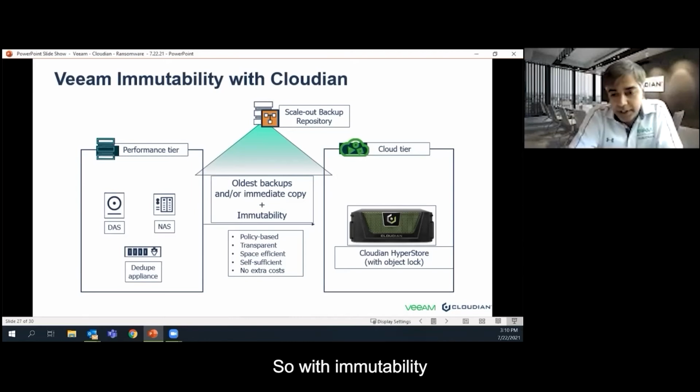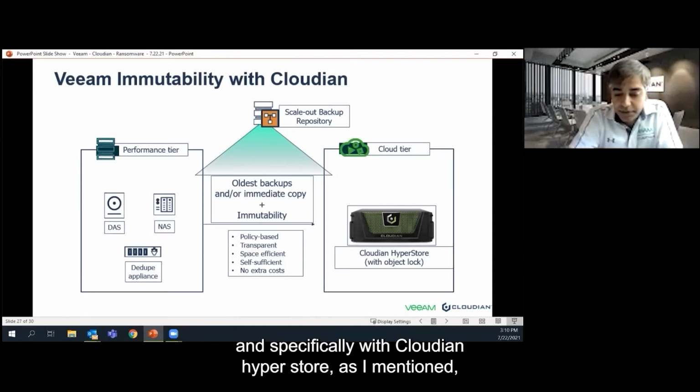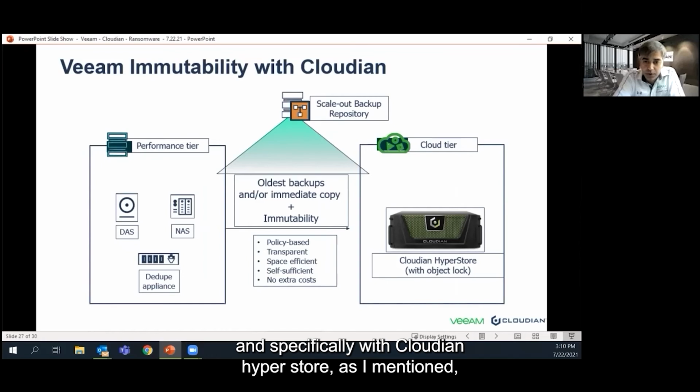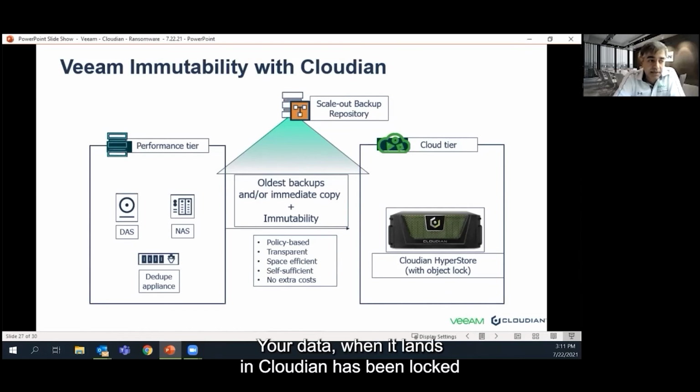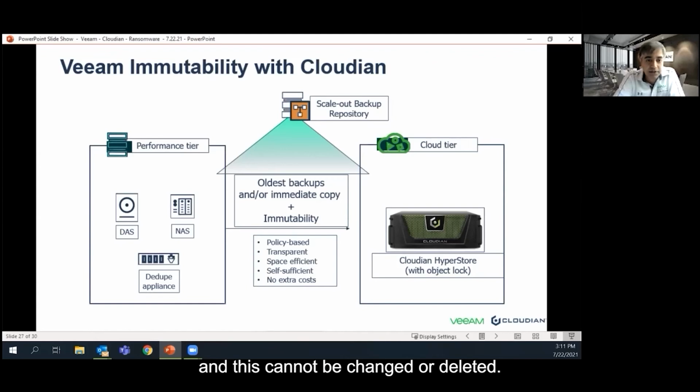So with immutability, and specifically with Cloudian's HyperStore, as I mentioned, when you ship the product in WORM mode, the root access is going to be disabled. Your data, when it lands in Cloudian, has been locked with object lock for a certain period of time, and this cannot be changed or deleted.